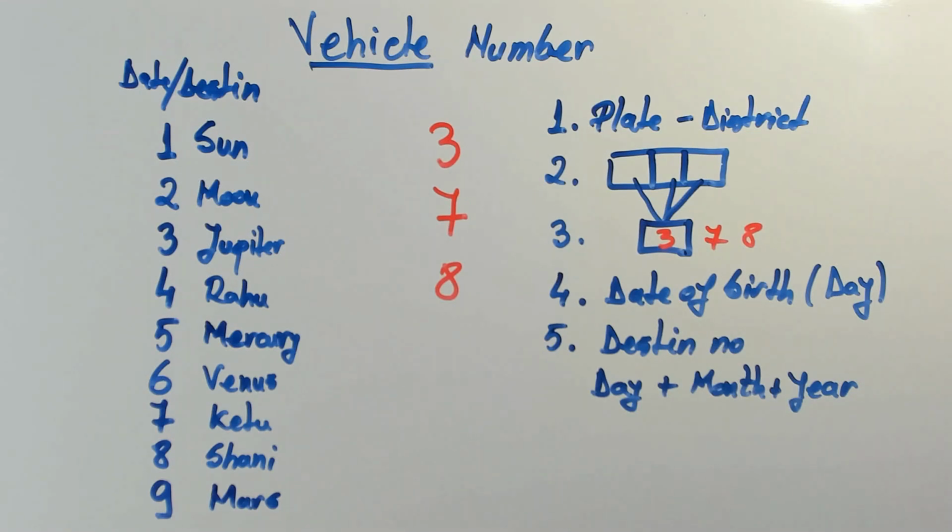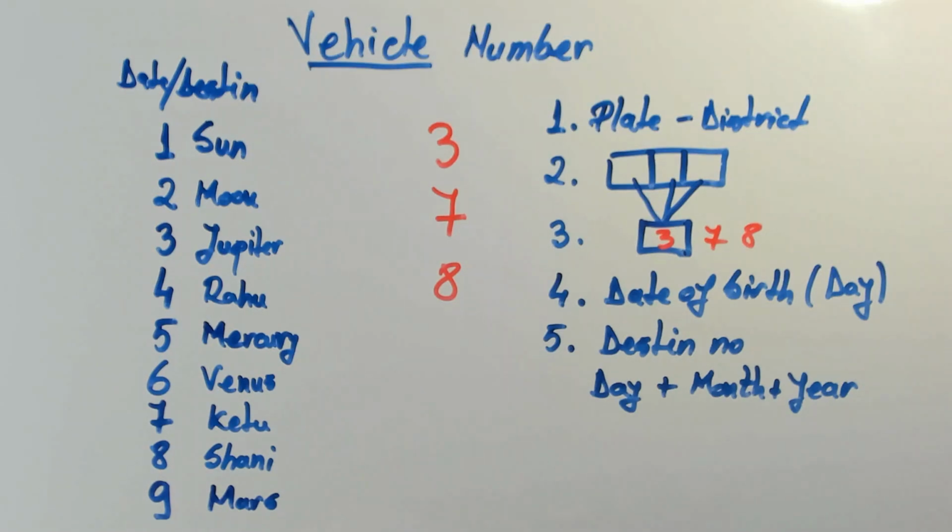So let's start at first with number 1. So a car with number 1, let's say that the total will be 10.